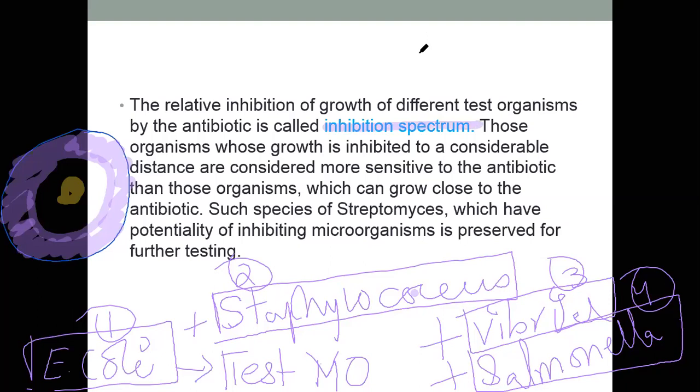So this is the quantitative assessment. This is in millimeters the zone of inhibition against this organism, against this, and this, and then eventually you produce for yourself an inhibition spectrum.